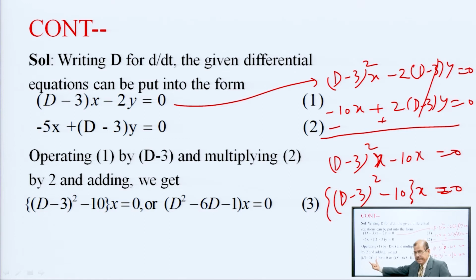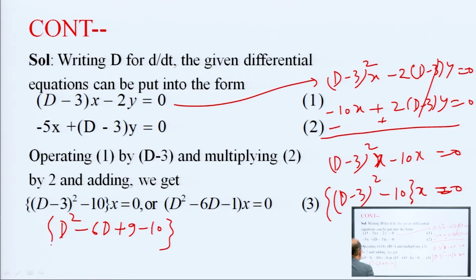Expand it, solve it: D square minus 6D plus 9 minus 10, we get D square minus 6D minus 1, x is equal to 0.